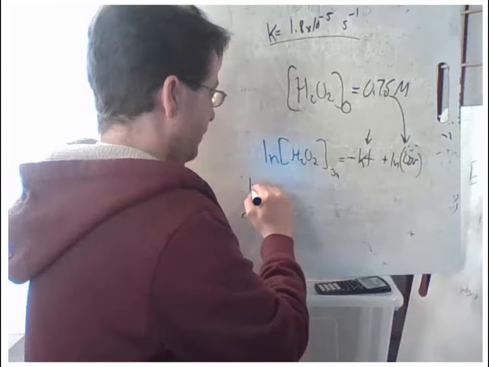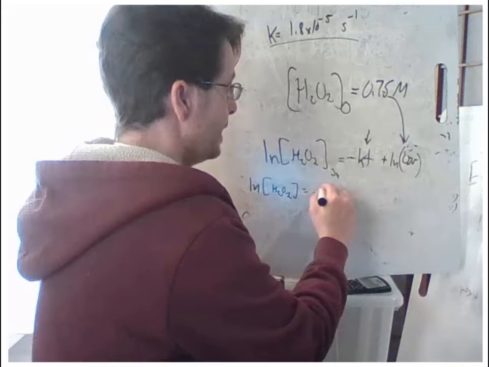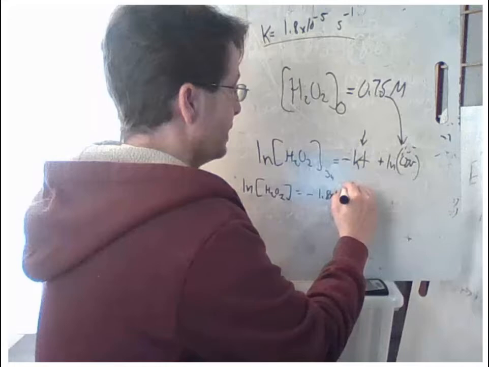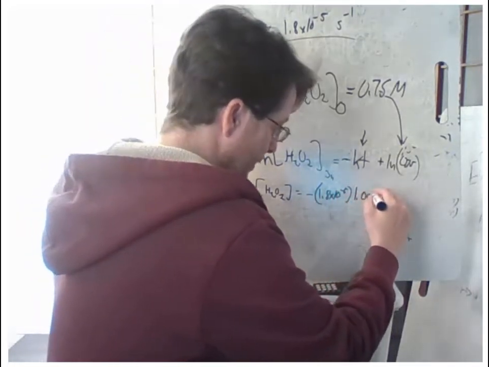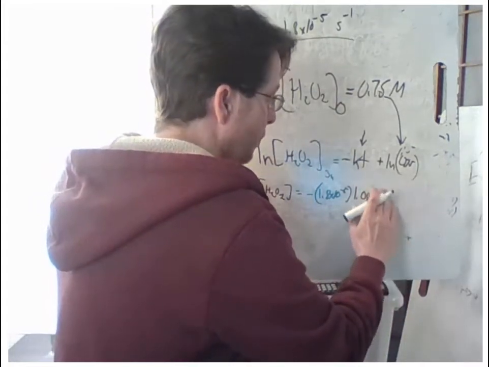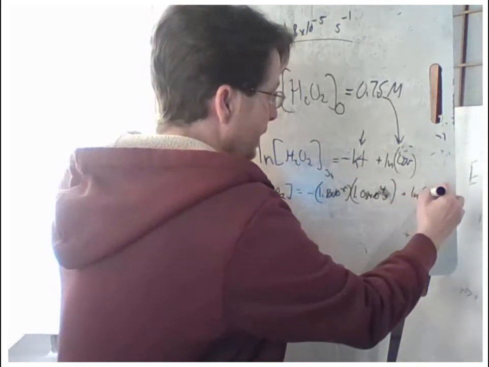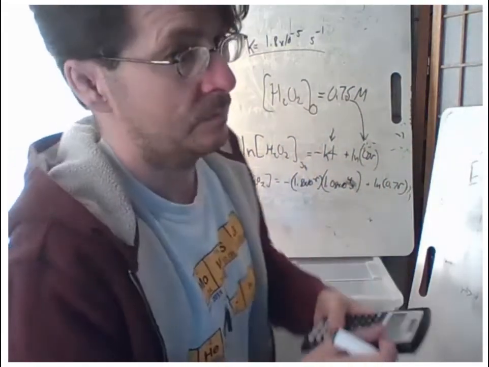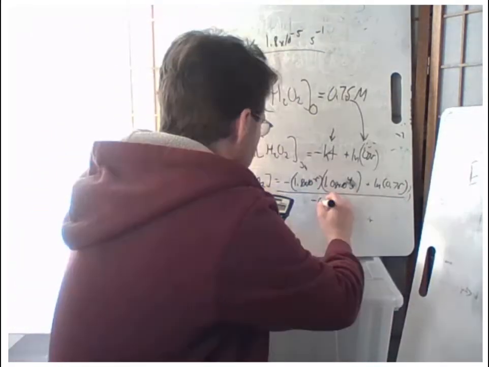And so we get ln H2O2, that we're looking for, is equal to negative 1.8 times 10 to the minus fifth times 1.08 times 10 to the minus fourth, times 10 to the fourth seconds, plus ln 0.75. We'll run through this calculation. This will give us the number.